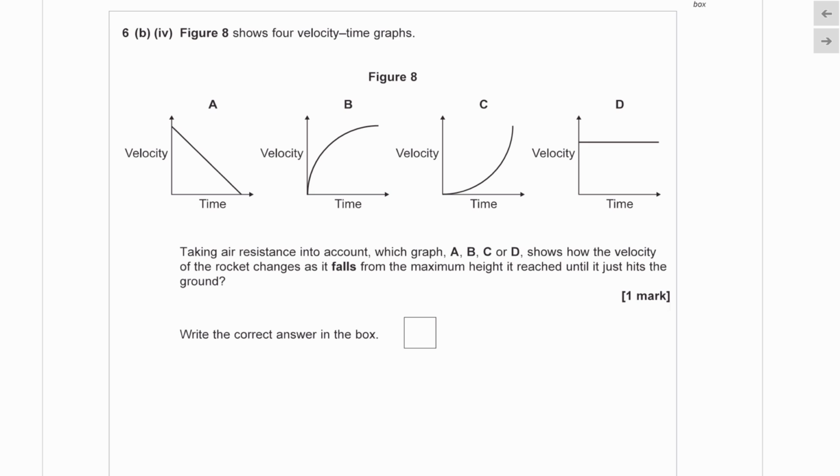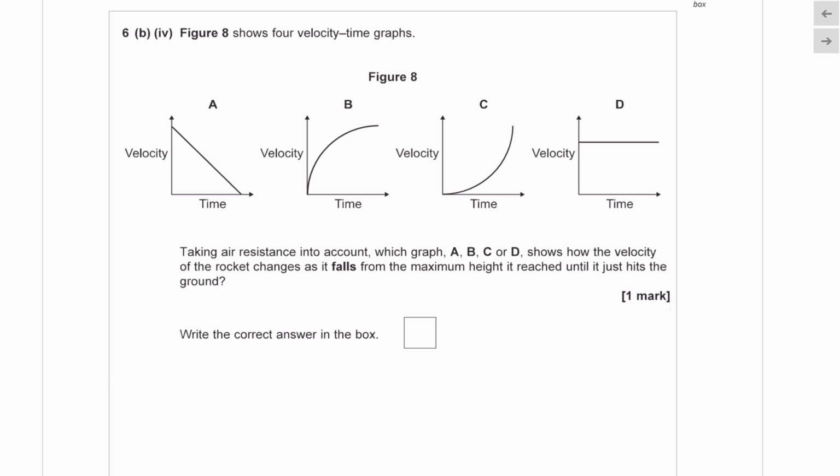B part 4, it says figure 8 shows 4 velocity time graphs. Taking air resistance into account, which graph A, B, C, D shows how the velocity of the rocket changes as it falls from the maximum height until it hits the ground. What we're looking for here is that when something falls under gravity, gravity provides an acceleration, which means initially the velocity is going to increase.